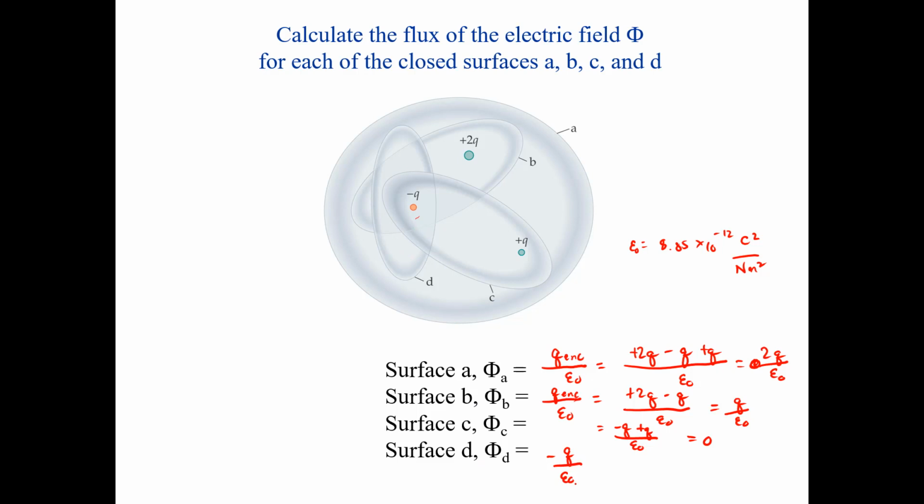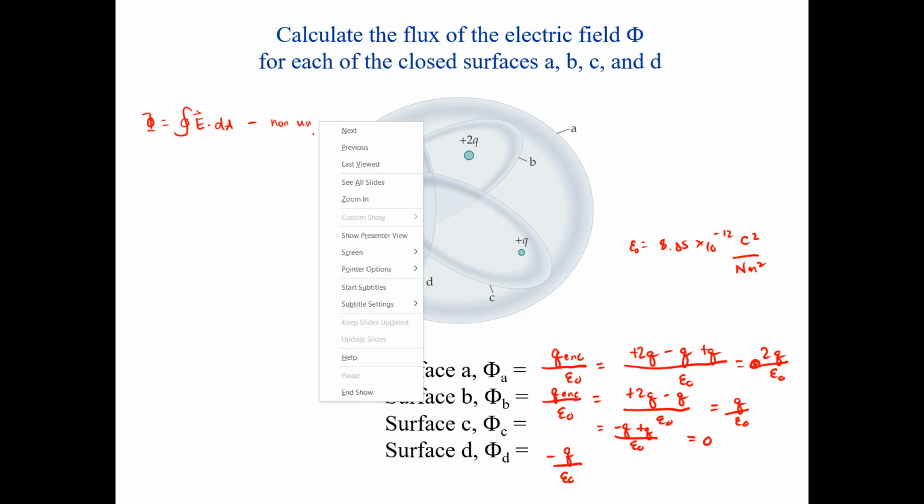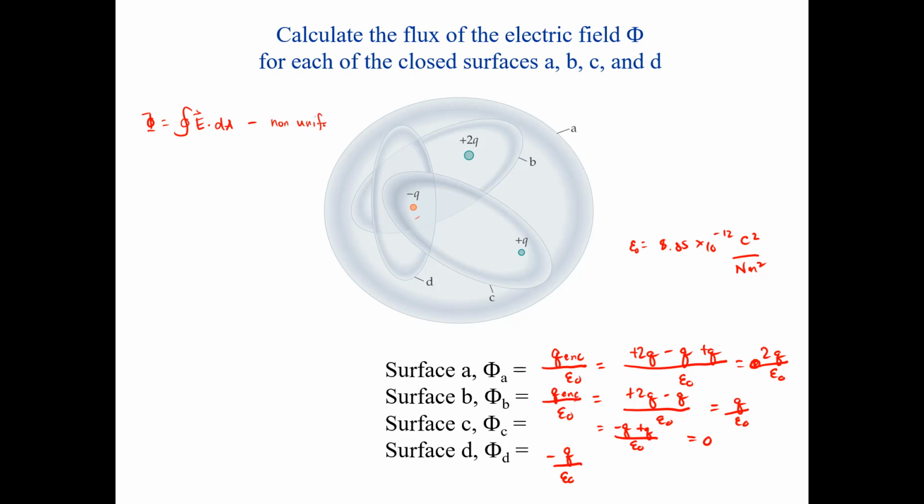Okay? So there are two ways with which you can get the flux. The first one is using this equation, integral of E dot dA for a non-uniform surface or non-uniform electric field.